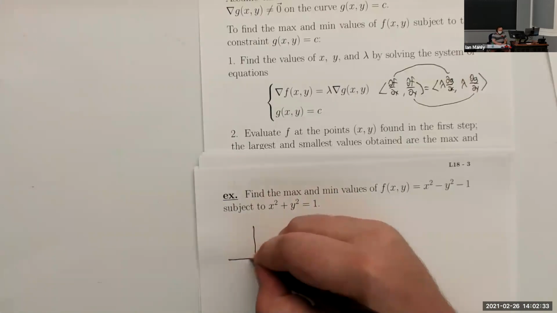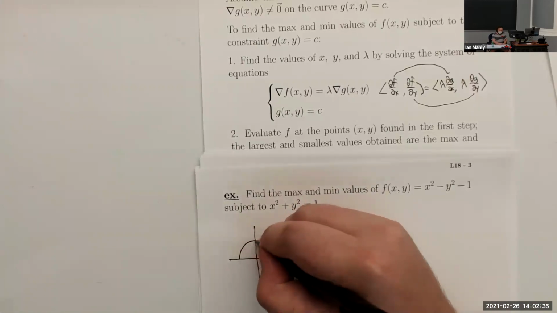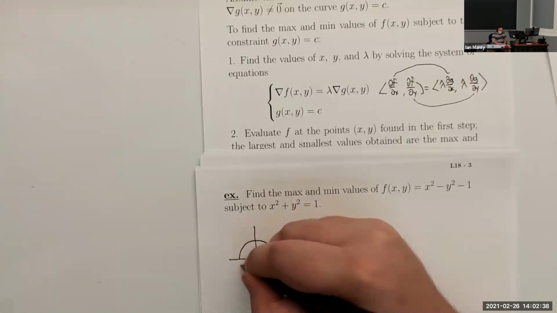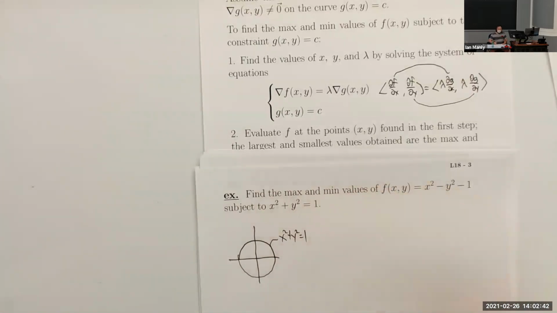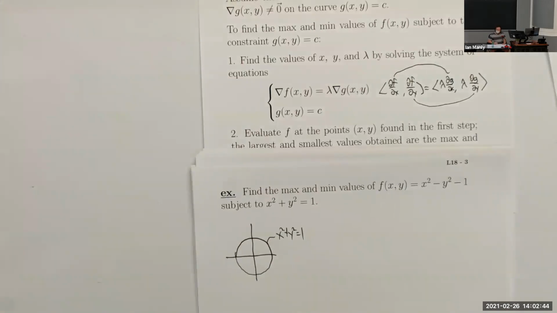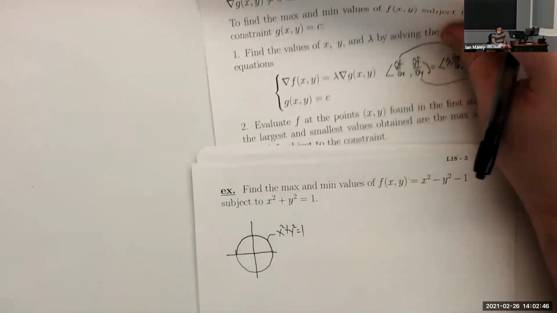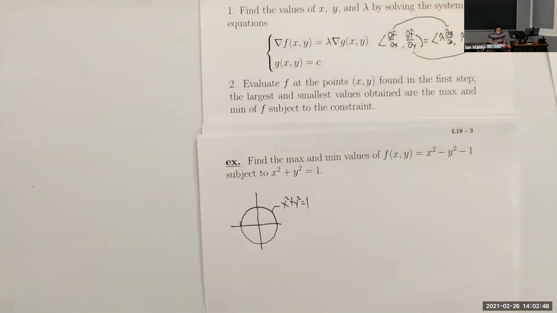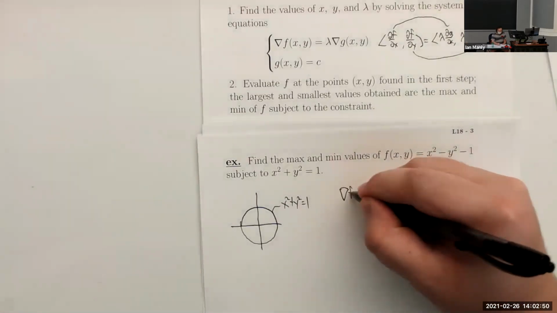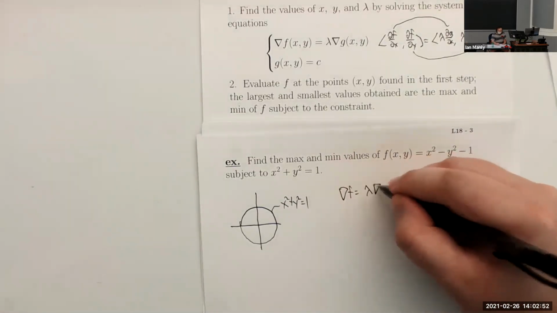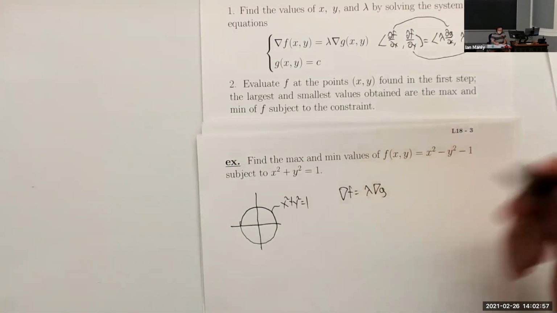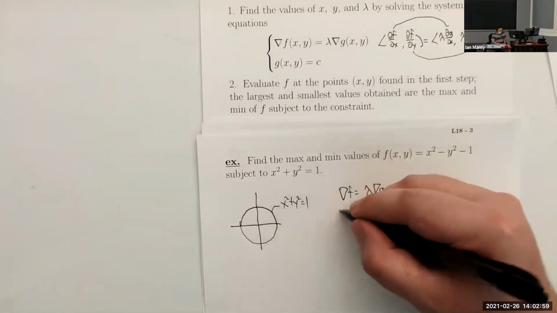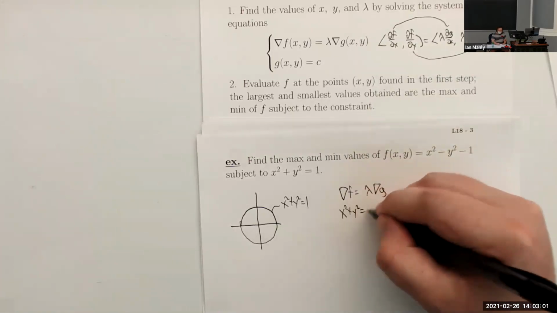So last time we were looking for the maximum values inside a disk, but now we're just looking for things only on the unit circle. So we don't care about what's going on in the middle of this. As always, we're going to have our Lagrange multiplier equation where the gradients are parallel to one another. And then we're also going to have our constraint equation, which is x squared plus y squared equals 1.